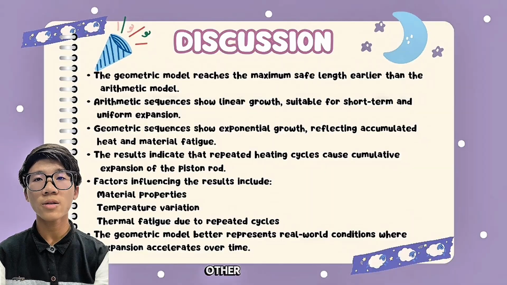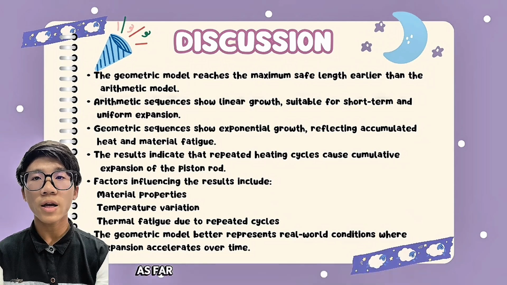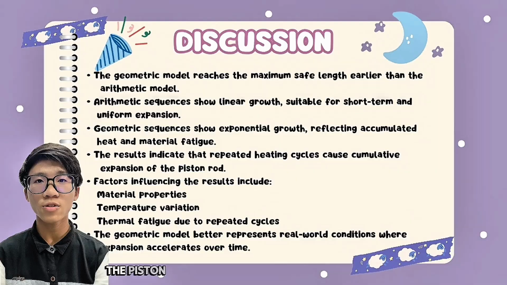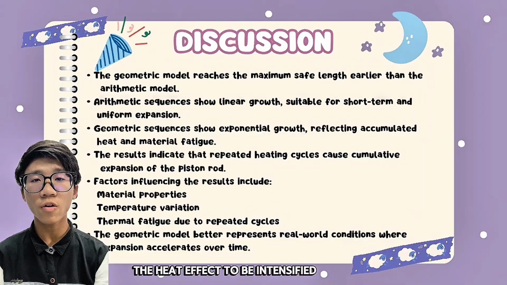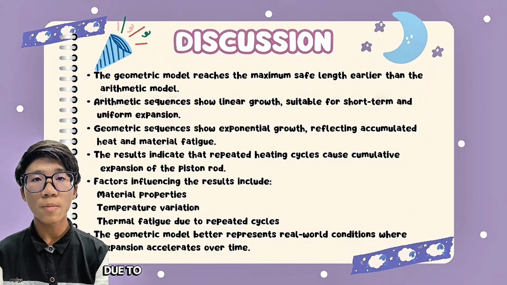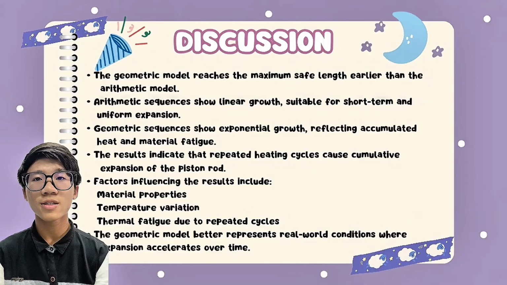Other than that, the result also shows how heat affects the material. As far as we are concerned, this heat causes the piston rod to experience cumulative expansion. We can assume that the heat effect is intensified over time due to material fatigue and increasing temperature.